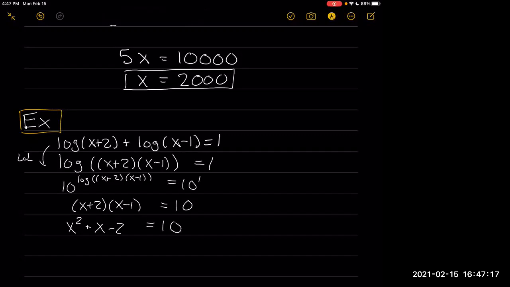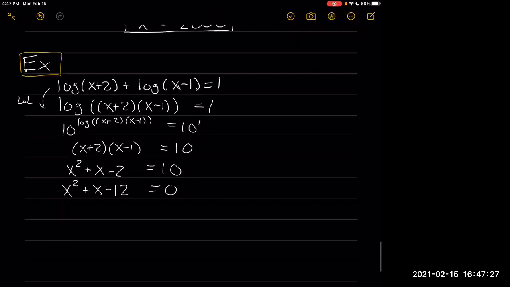Now we subtract 10 from both sides, so we end up with x squared plus x minus 12 equaling 0. Now we're going to factor this quadratic, and this ends up being (x plus 4)(x minus 3) equaling 0.